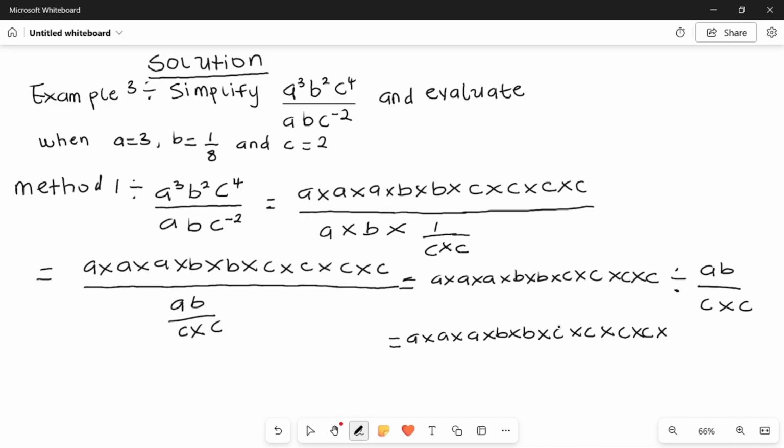So we now have times c times c all over a times b. So now we can cancel out. The a here will cancel the a here, and the b here will cancel the b here. So we'll be left with what?